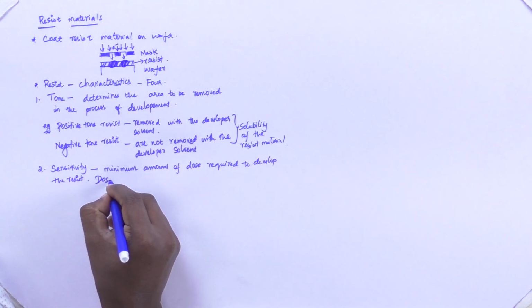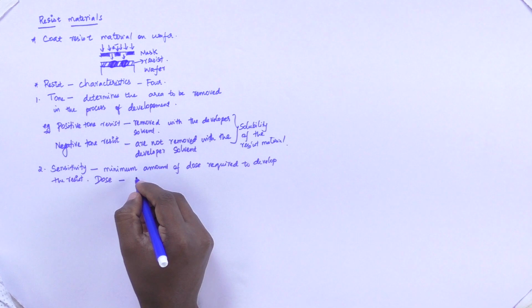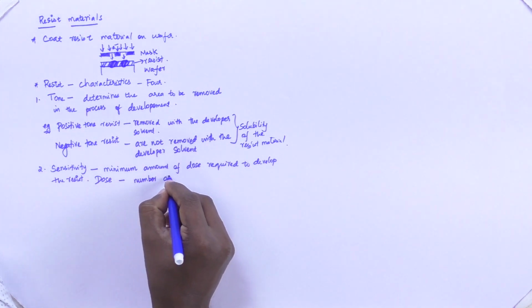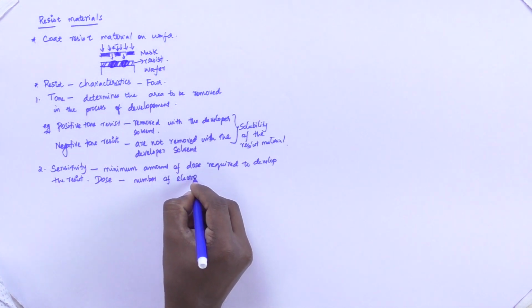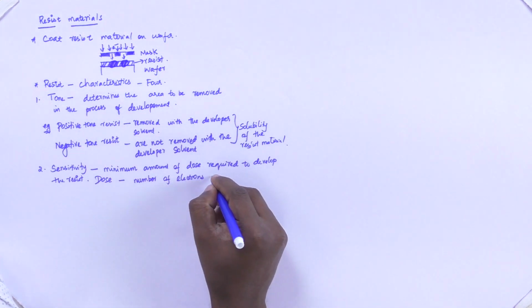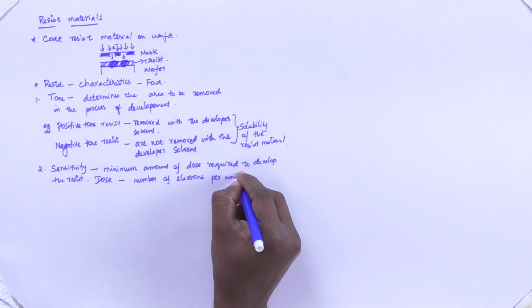The dose is nothing but the number of electrons per unit area.